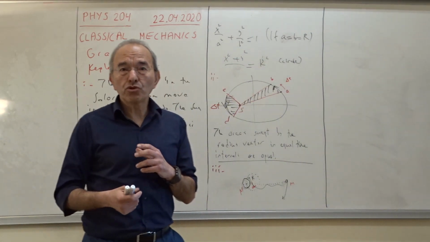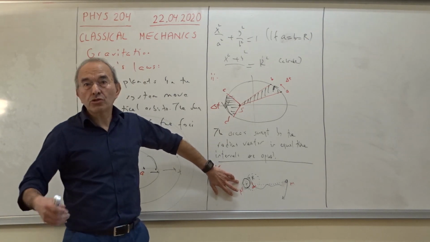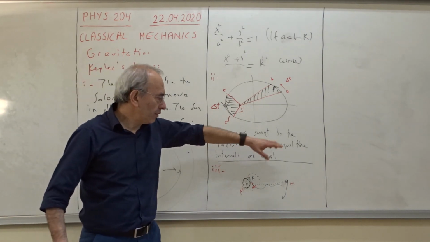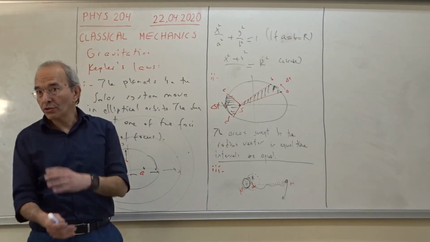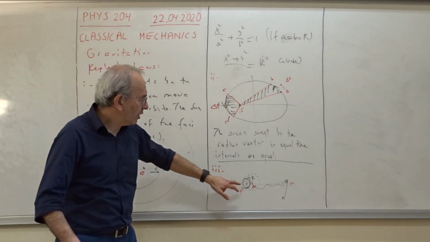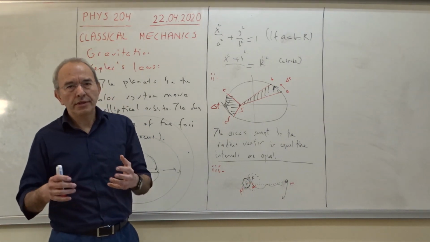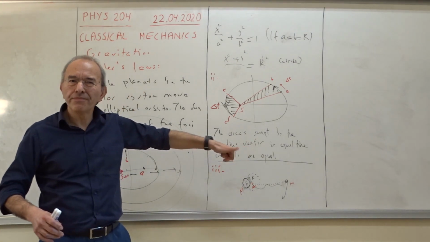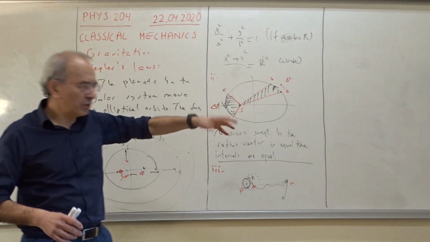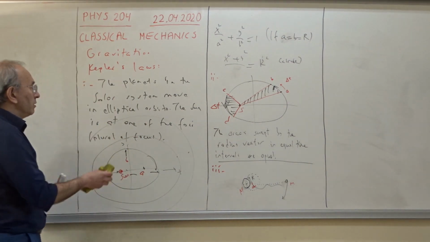However, in the case of the solar system, the mass of the sun is so much greater than all the other planets' masses, that the center of mass of the whole system almost corresponds with a position inside the sun. So the capital R for the sun in the solar system is negligible with respect to the other radii. So let me draw this picture in a bigger way.